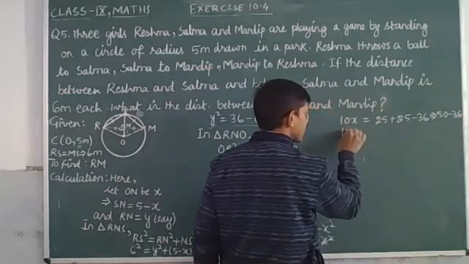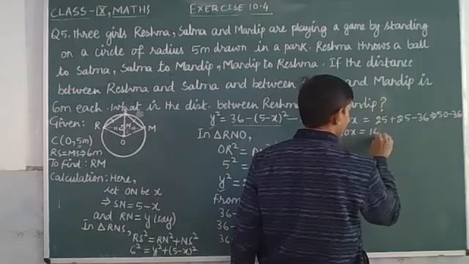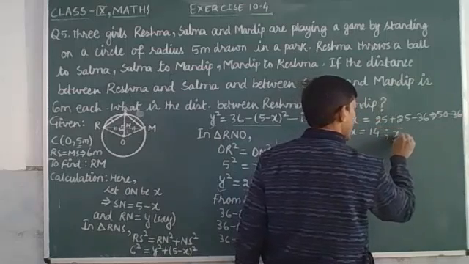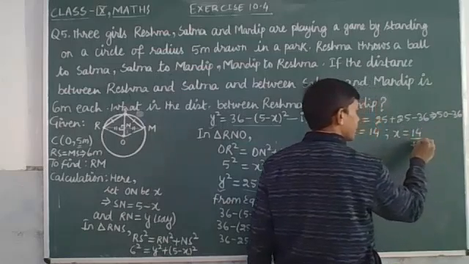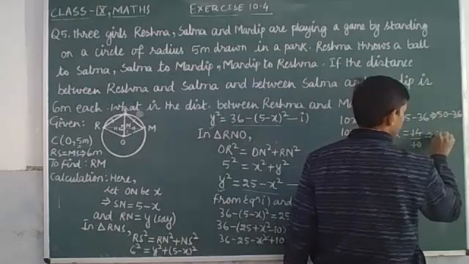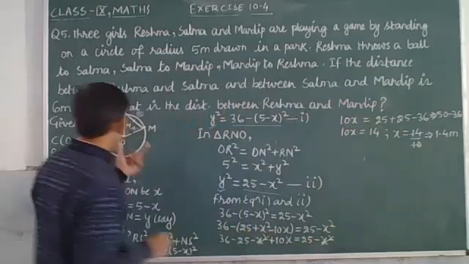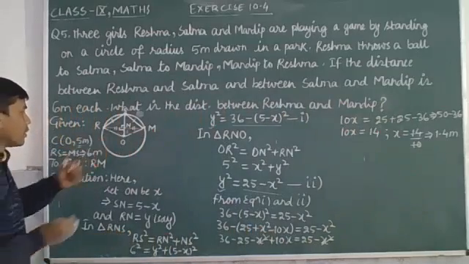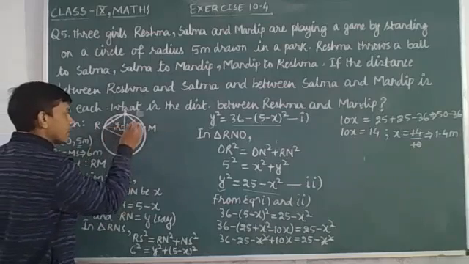So this 10x equals 14. Hence x becomes 14 upon 10, it is 1.4 meters. And here, in order to calculate RM, we have to calculate double of y actually.